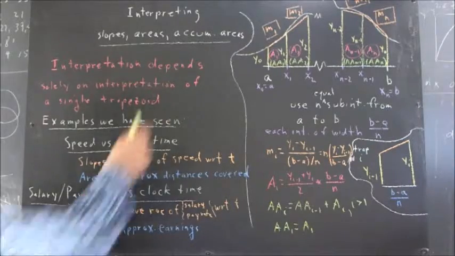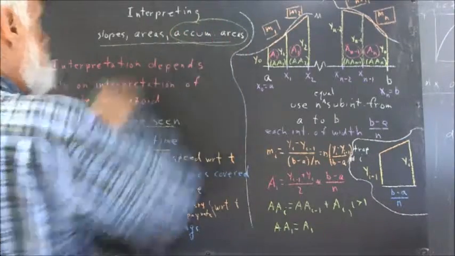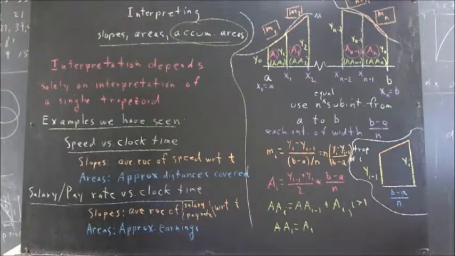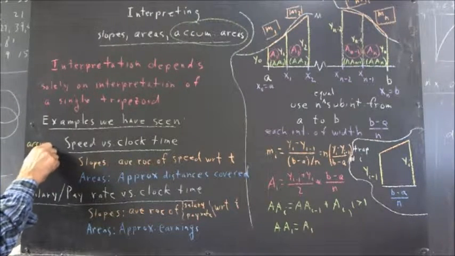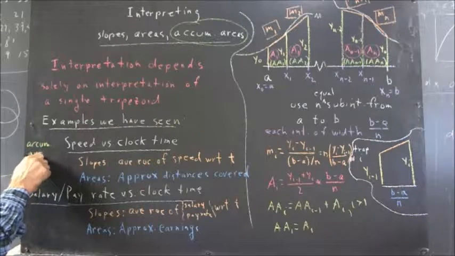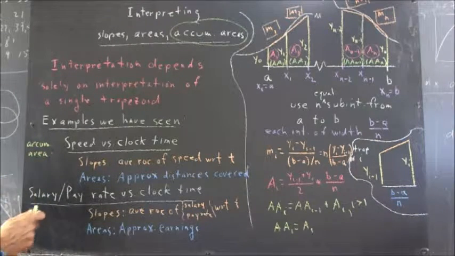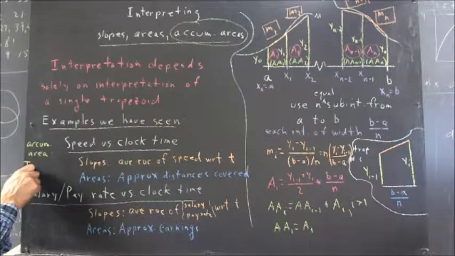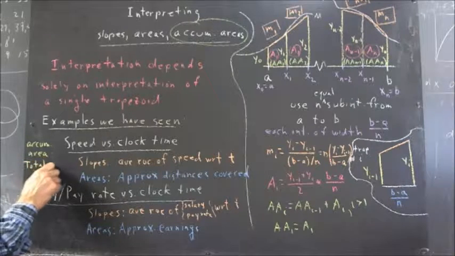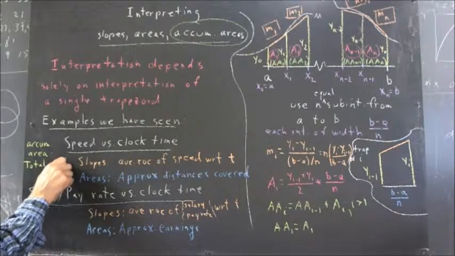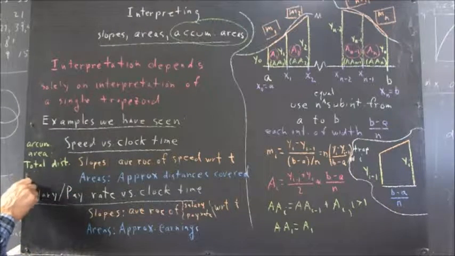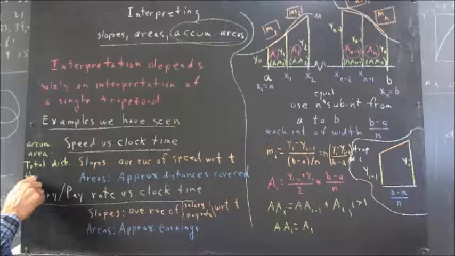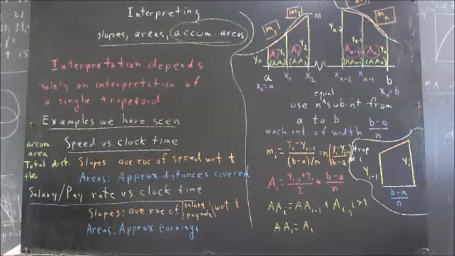Then, talking about the accumulated areas, the accumulated area represents the total distance through, badly written, let me fix it.